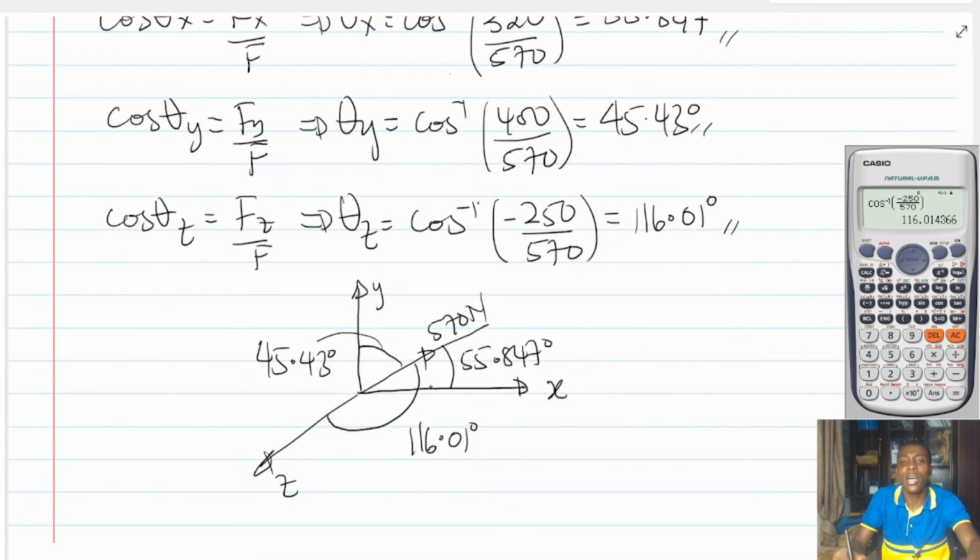Now you have to note that this is not necessarily in a quadrant. This is in space, and the force is making an angle of 55 degrees with the x-axis, 45 with the y-axis, and 116 with the z-axis. That's basically what we want to do.